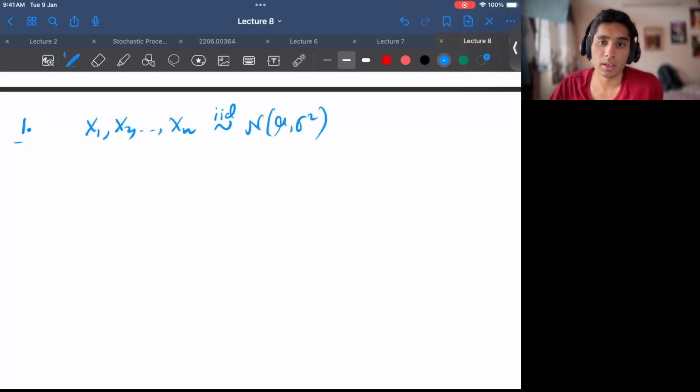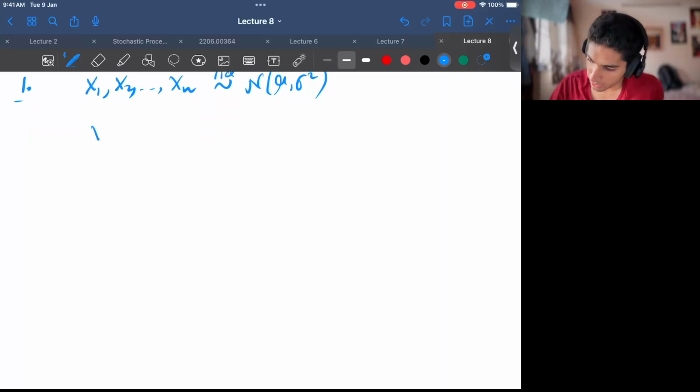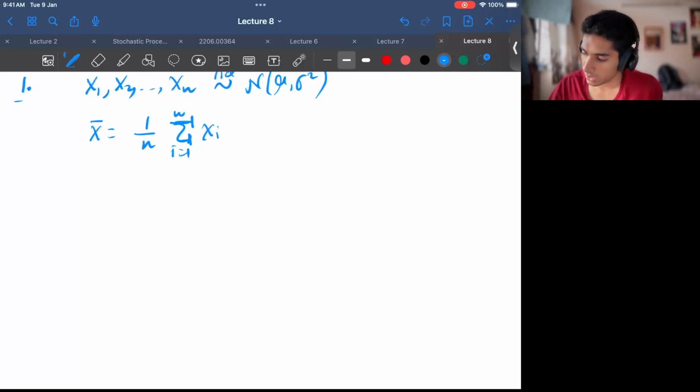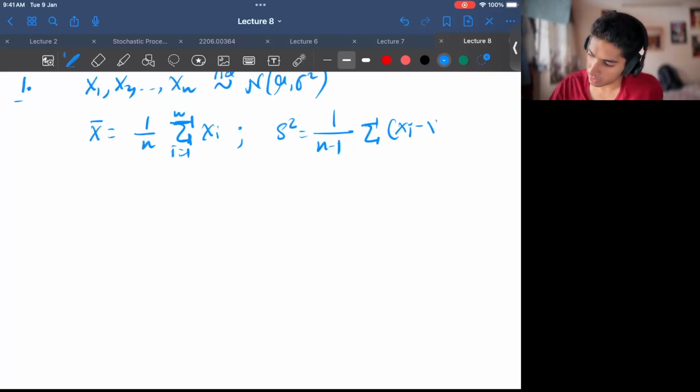And it is given to us that x bar is equal to 1 by n summation xi, i going from 1 to n, and s square is equal to 1 over n minus 1 summation xi minus x bar whole square, i going from 1 to n.